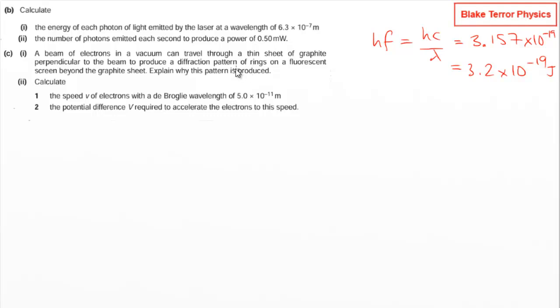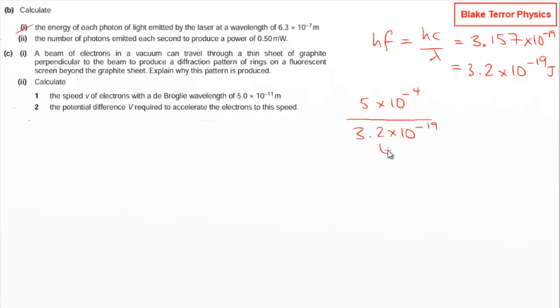The number of photons emitted each second to produce a power of 0.5 milliwatts. So we've got 5 times 10 to the minus 4 watts. So that's our joules per second. We want photons per second, so we just have to divide by the 3.2 times 10 to the minus 19.